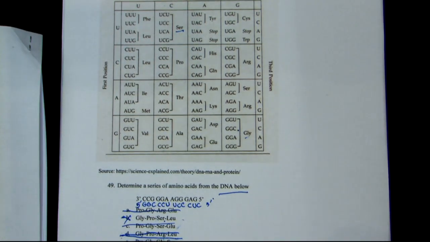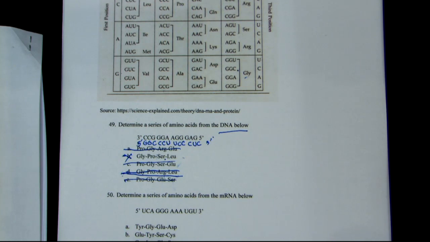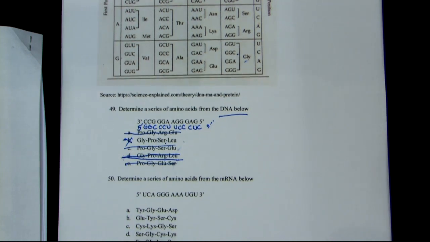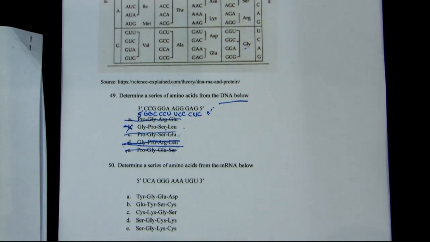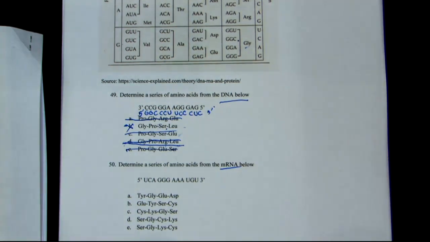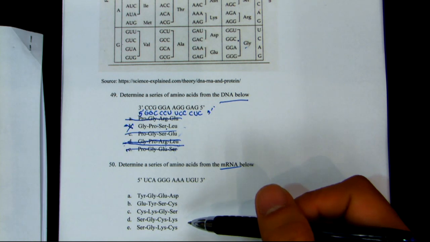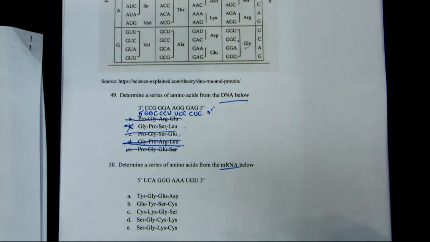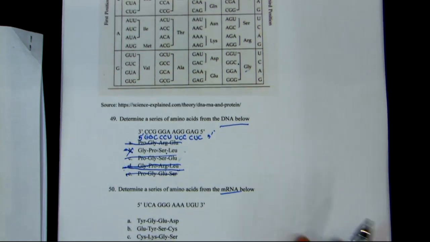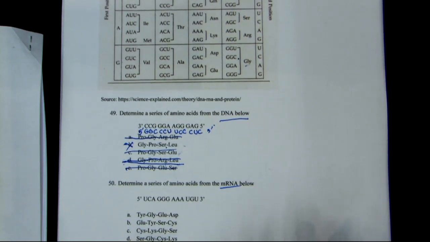Okay, last one here. Determine the series of amino acid from the mRNA. Now, we have mRNA. Do we have to convert it? No. So this one, like I said, make sure you really pay attention because it could be interpreted incorrectly.